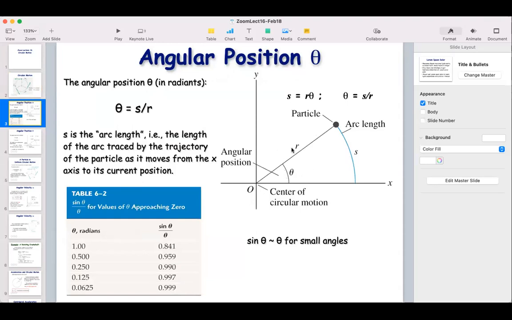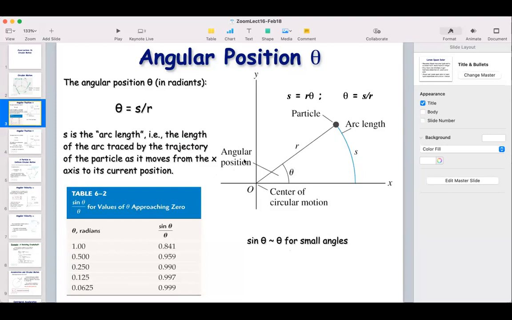From trigonometry, we can say that theta is defined as S divided by R, because sin theta can be approximated with theta for very small angles. That's why we come to theta equal to S divided by R.